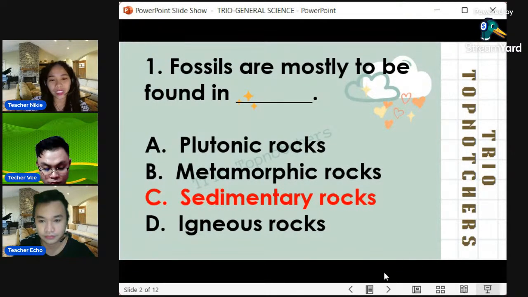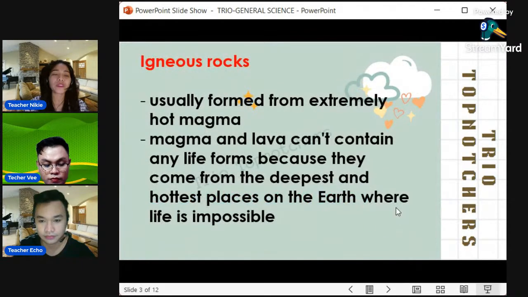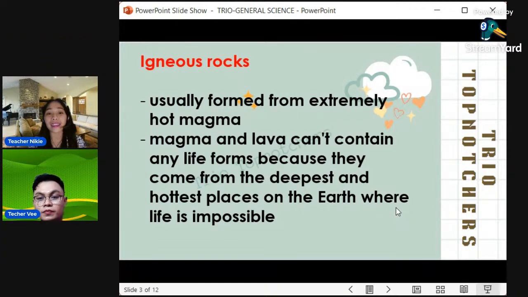Alright, so let's discuss the igneous rocks first. Okay, so the igneous rocks is usually formed from extremely hot magma. Magma and lava can't contain any life forms because they come from the deepest and the hottest places on the earth where life is impossible. Okay, so ano nga ba yung igneous rocks?